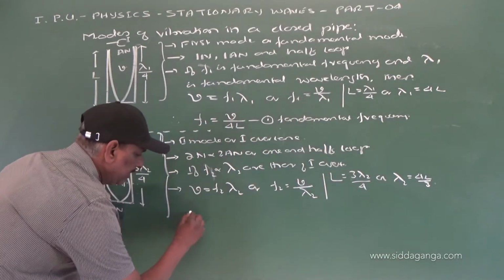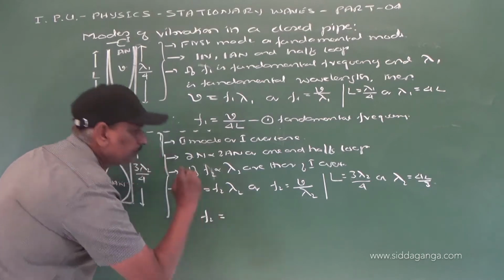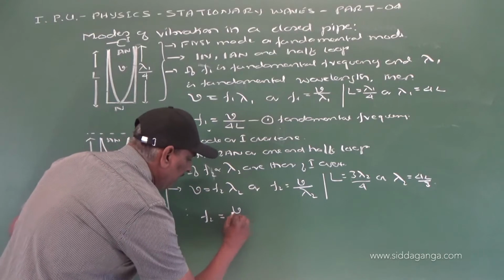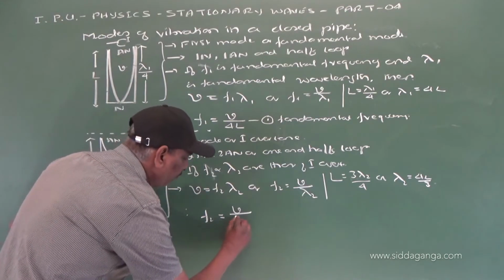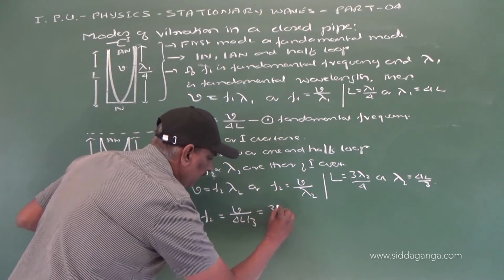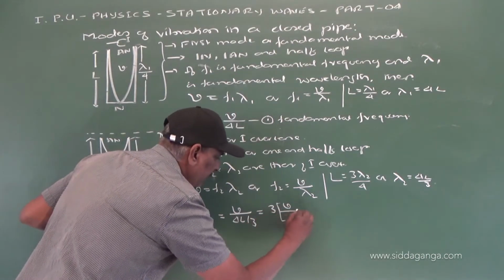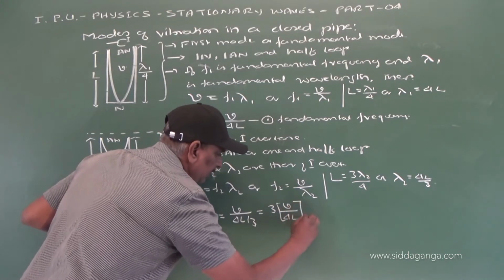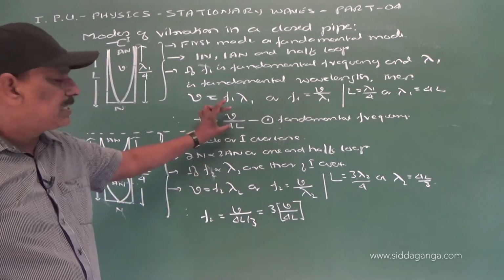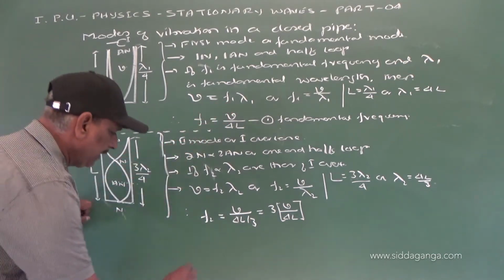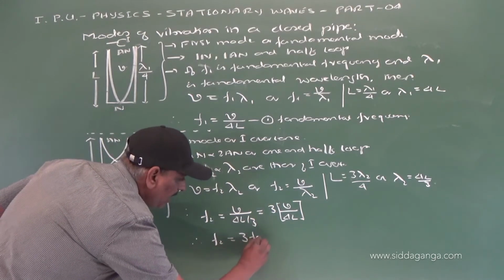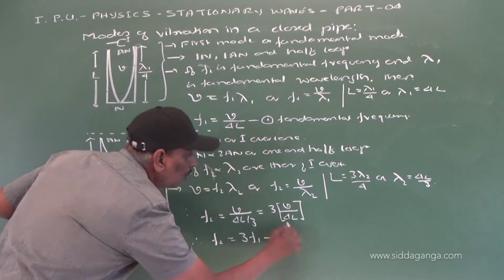Now therefore F2 is equal to V by 4L over 3, that is equal to 3 into V by 4L. What is this V by 4L? That represents fundamental frequency F1. Therefore, F2 is equal to 3F1, equation 2.